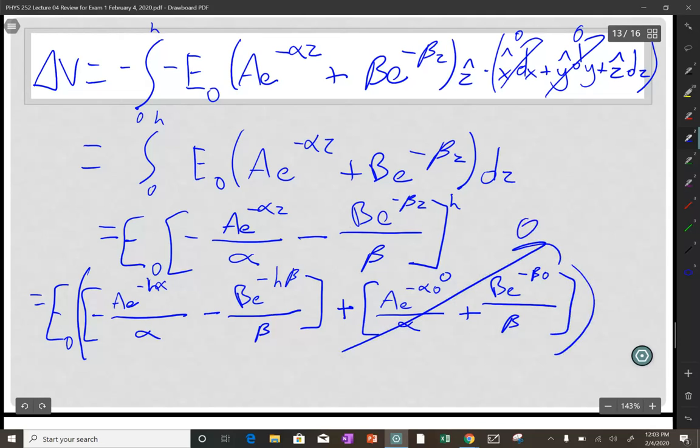E to the 0 is 1. Yeah, that's right. Anything raised to 0 is 1, not 0.